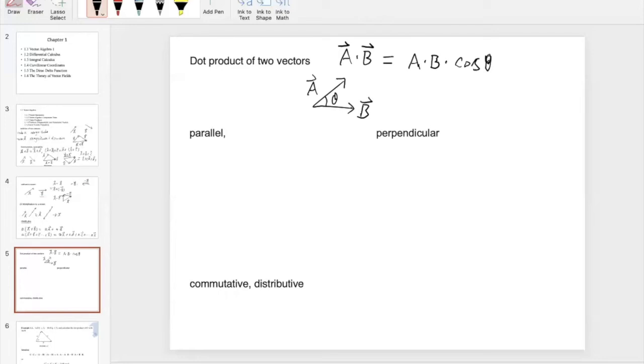Please notice that here, A and B on the right side of the equation are not vectors anymore. They are scalars. So A dot product B, finally, you will get a scalar rather than a vector.